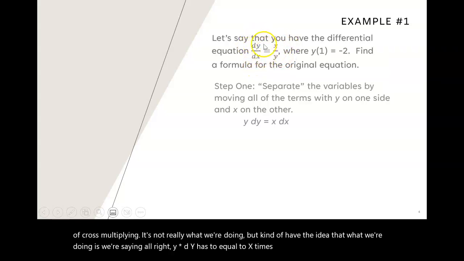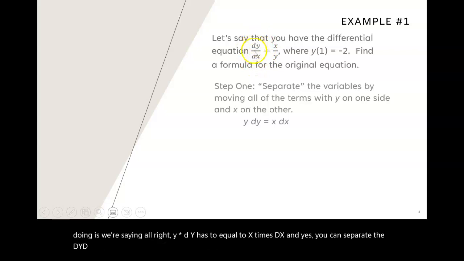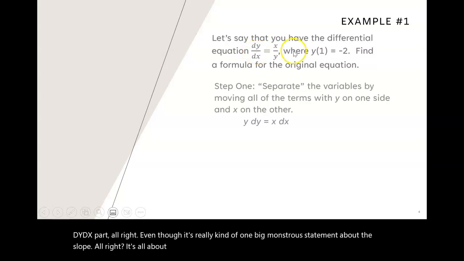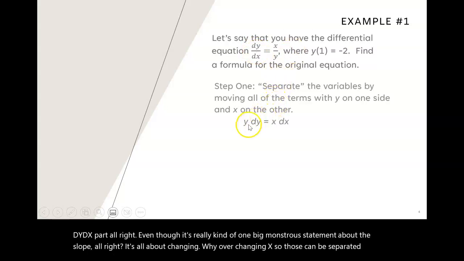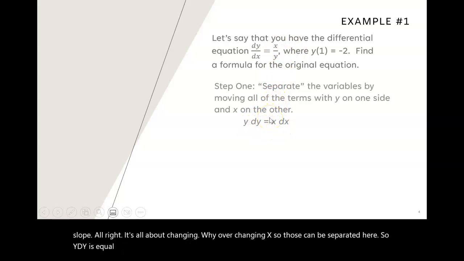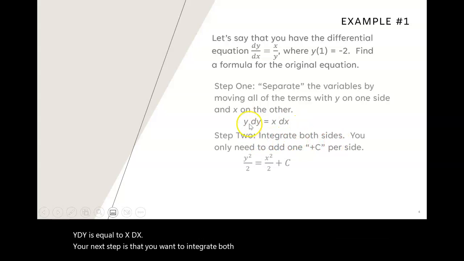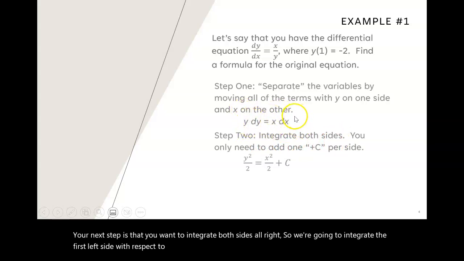And yes, you can separate the dy dx part, even though it's really kind of one big statement about the slope. It's all about change in y over change in x, so those can be separated here. So y dy is equal to x dx. Your next step is that you want to integrate both sides. So we're going to integrate the left side with respect to y and the right side with respect to x.